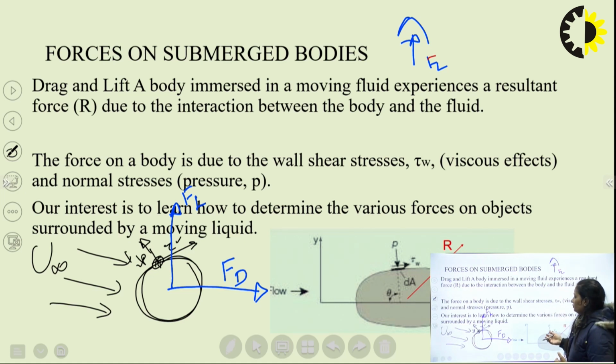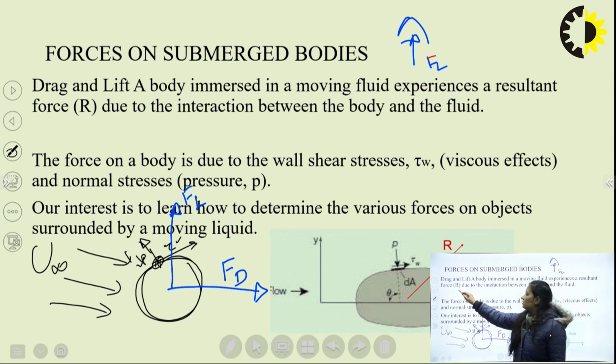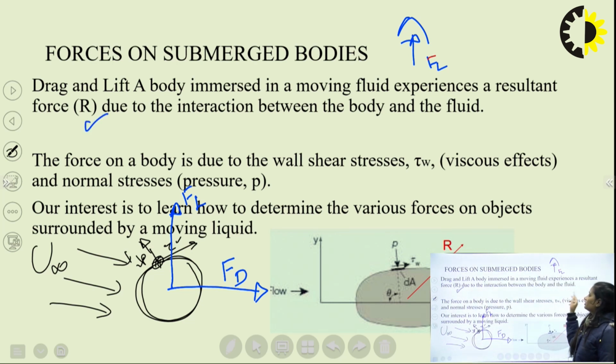Drag and lift. If a body is submerged in a moving fluid, it experiences a resultant force R due to the interaction between the body and the fluid. The force on a body is due to wall shear stress, which is due to viscous effects. What are viscous effects?